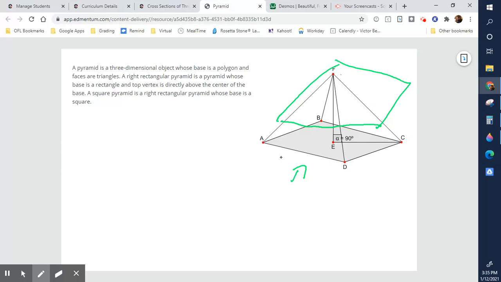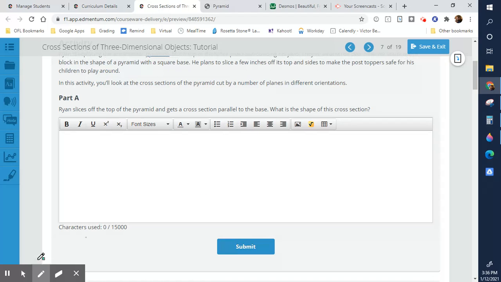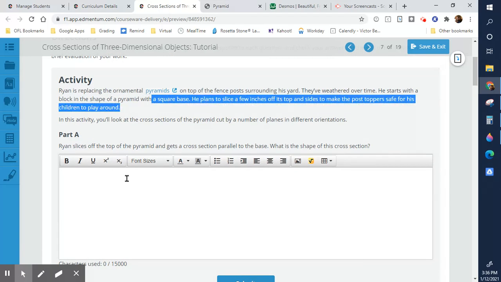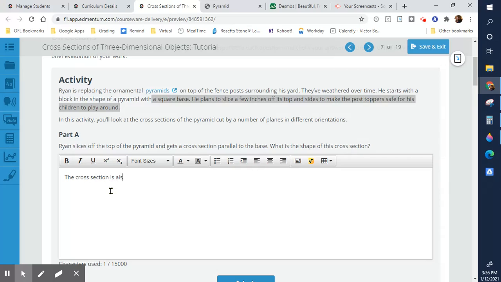Well, it should show up with the same shape as the base, just smaller, right? We're going to say that it's a square base. So the cross section is also a square, but smaller than the base.